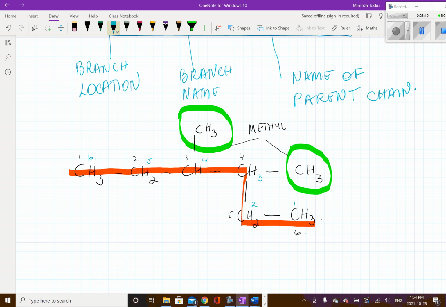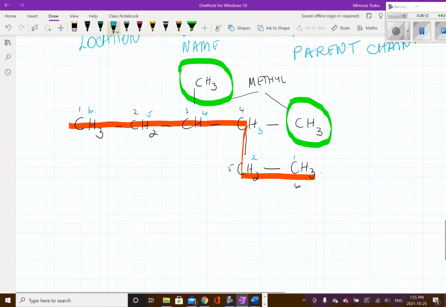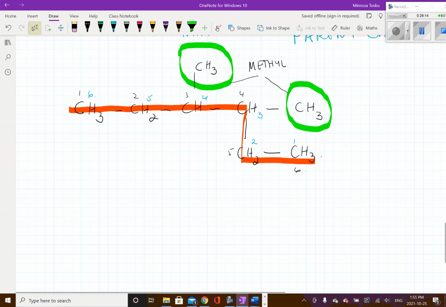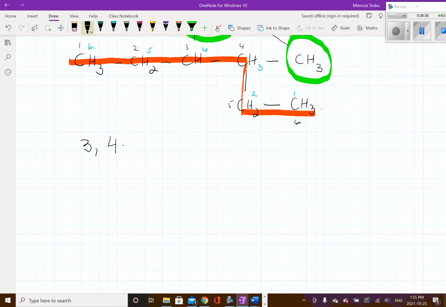That means that it doesn't matter which way you are moving, you get the same result. Now let's name it. We'll start with the branch location. We have one branch on the third place, and one branch on the fourth place, then a dash.